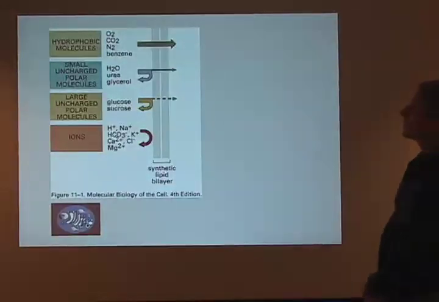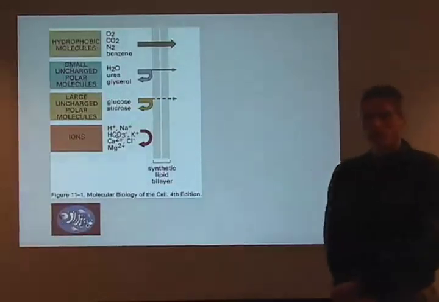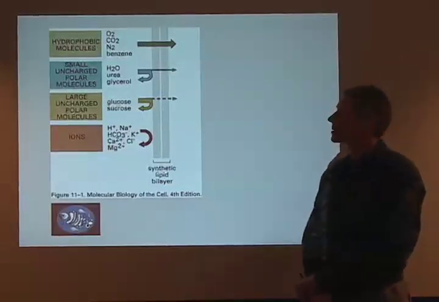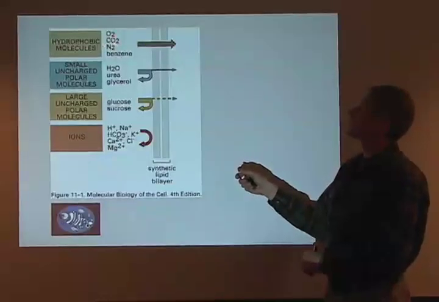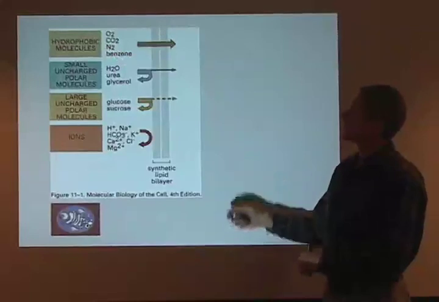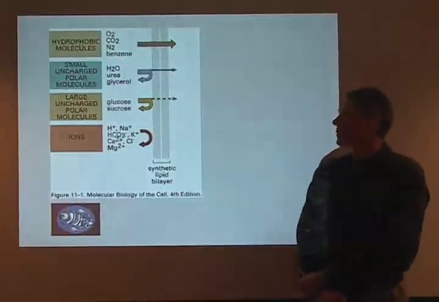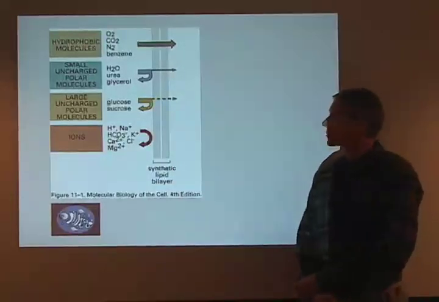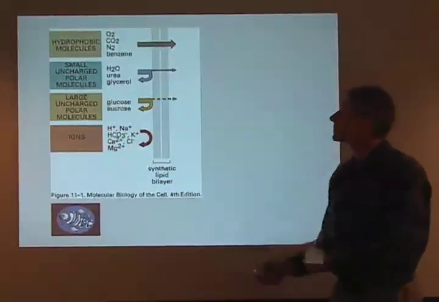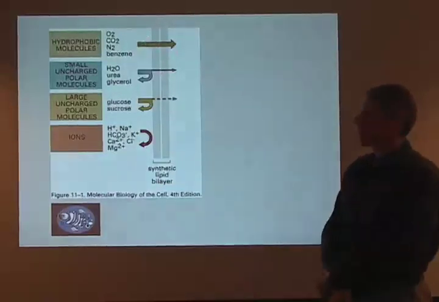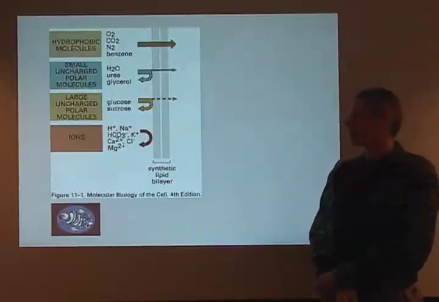The answer is that things that are really neutral, nonpolar, hydrophobic gases, such as oxygen, carbon monoxide, carbon dioxide, or solvents such as benzene or gasoline. If you spill gasoline on your hands, it goes right through your membranes because it likes those fatty acid hydrocarbons in the inner membrane.